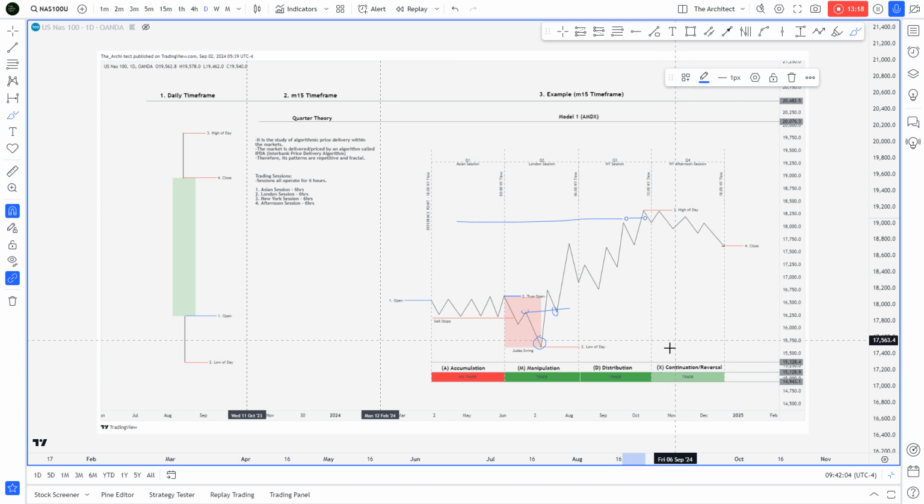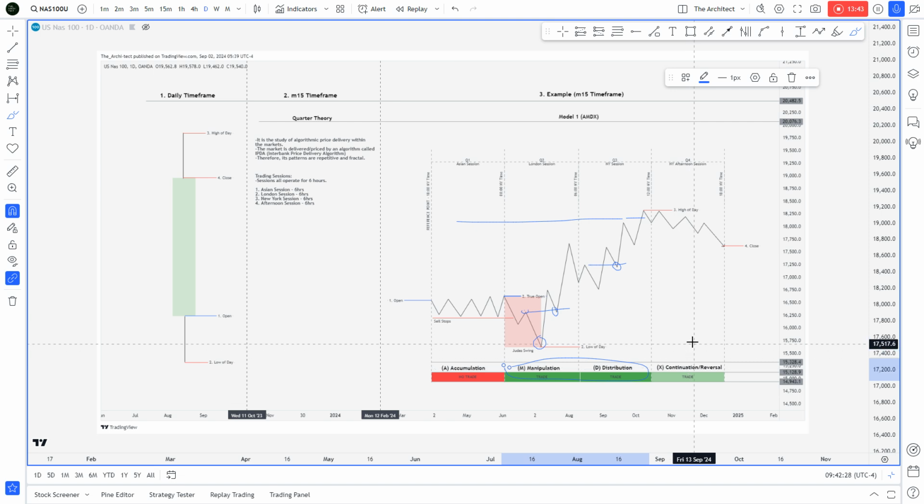So that's what the X is. But you have multiple opportunities. Here's a break of structure, price retests it, another opportunity to push price action higher. These two, the manipulation and the distribution, will always be your high probability trading zones. It's less green over here, so it's not as probable, right?